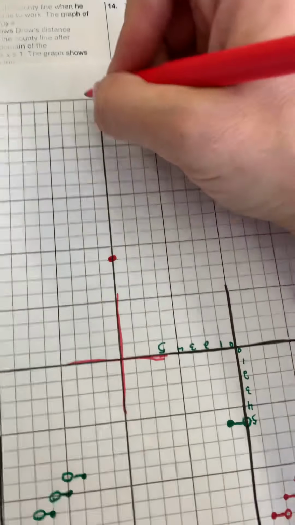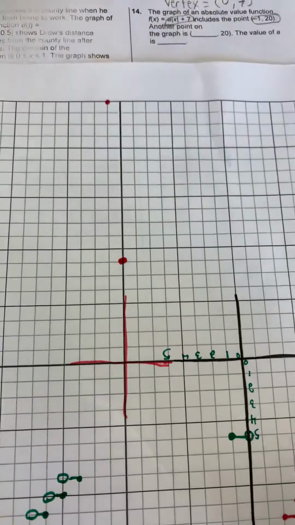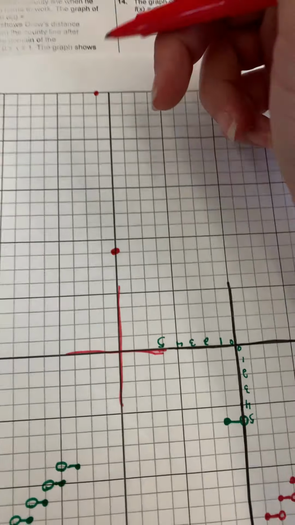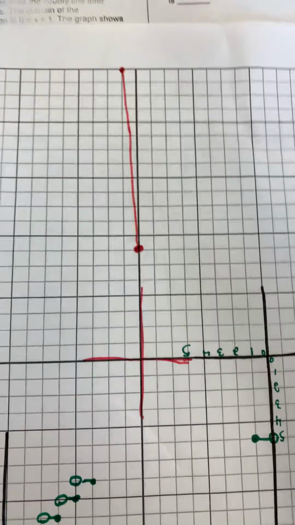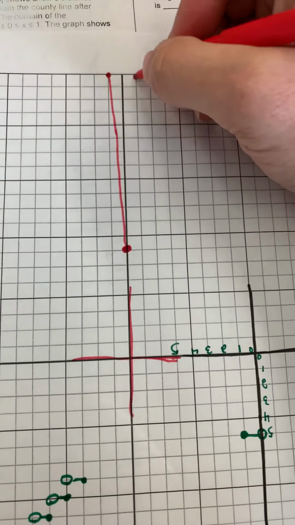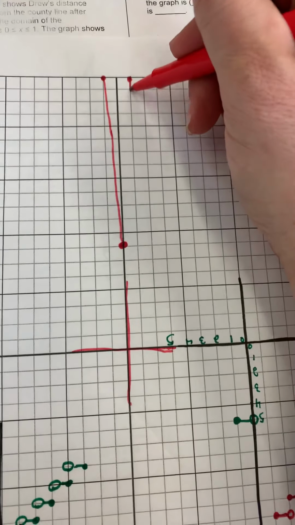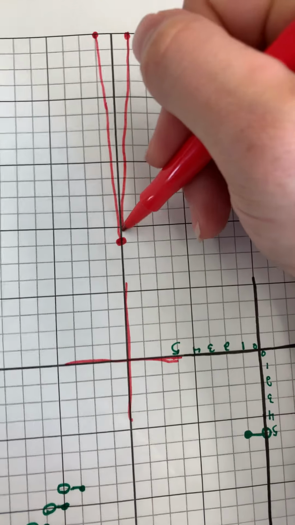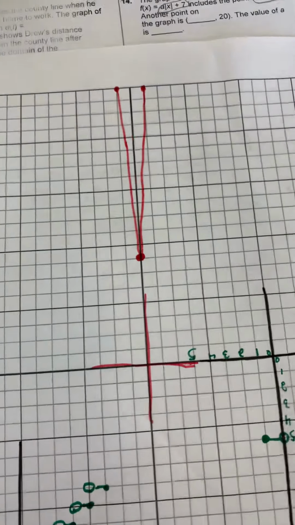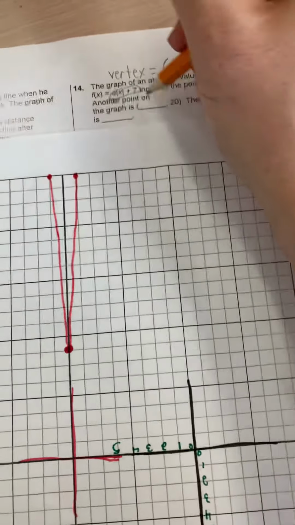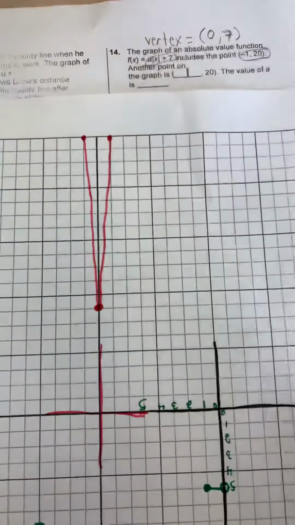So negative 1 all the way up here. So then I also have a coordinate at 1, 20, because that's what an absolute value function should look like. So another point on the graph is 1, 20.